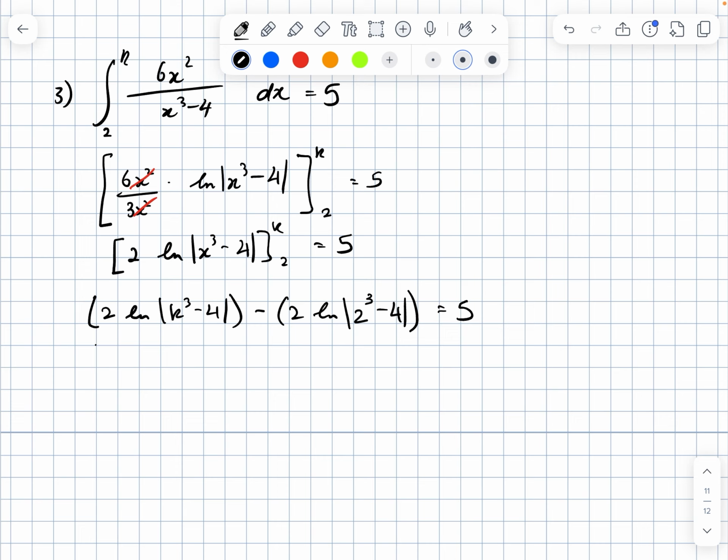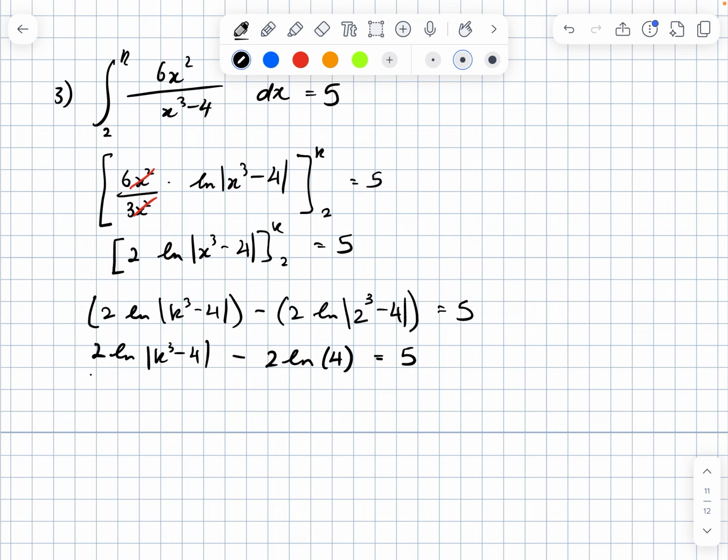That gives us 2 ln of k cubed minus 4, minus 2 ln of, now 2 cubed is 8, minus 4 is 4. Because that is a positive number, I can drop the absolute value signs. Makes it a bit easier for calculations. Now if k is greater than 2, then in my 2 ln k cubed minus 4, that means that k cubed minus 4 will always be bigger than 0 as well.